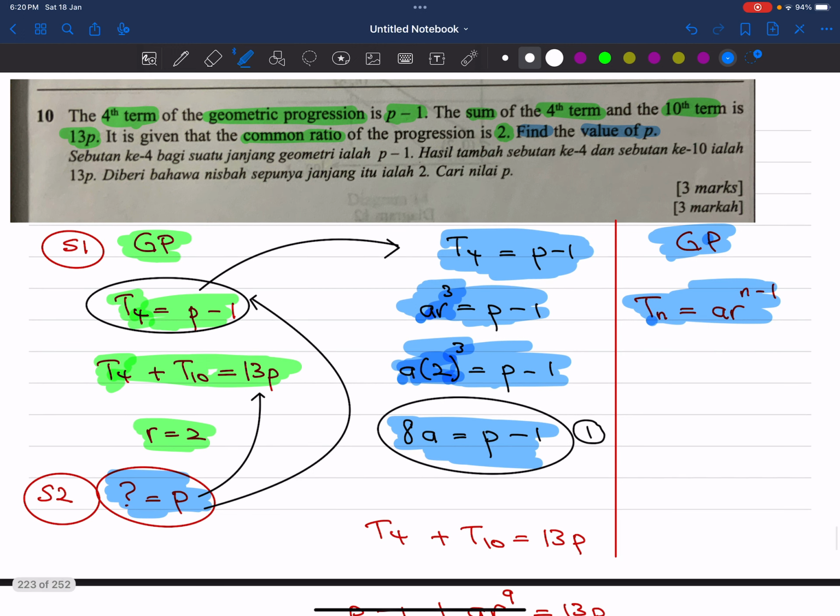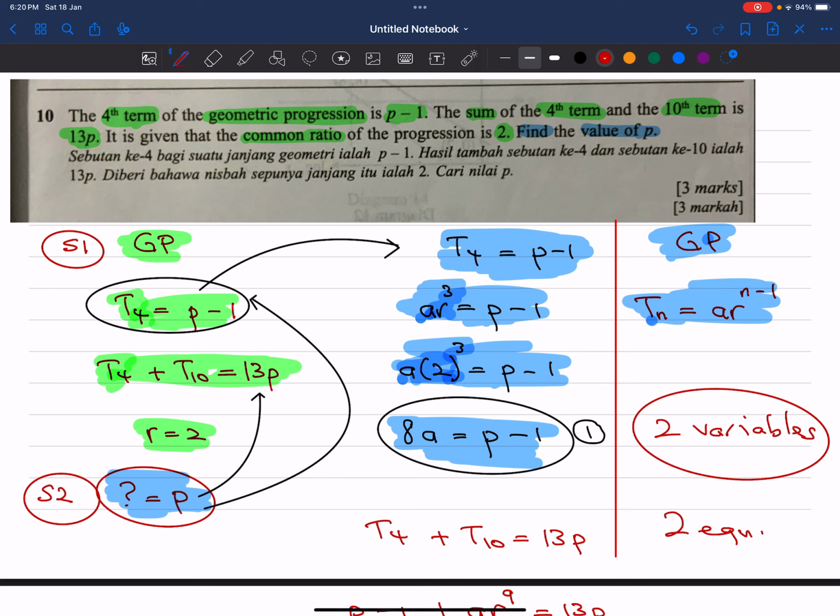Now, the moment you come here, you notice that this equation has two variables, A and P. That means if I want to find P, I must have A. We have two variables, and in Form 1, Form 2, Form 3, two variables means you need two equations.